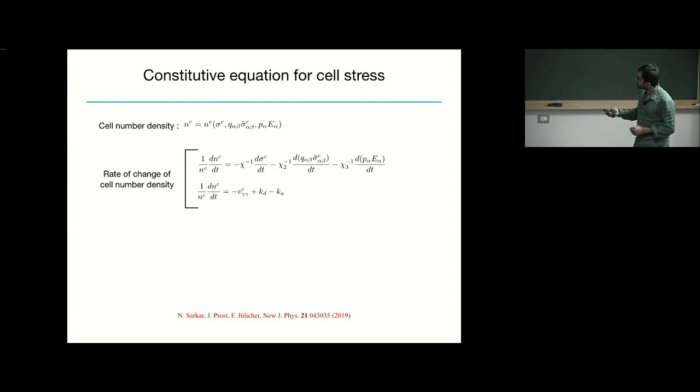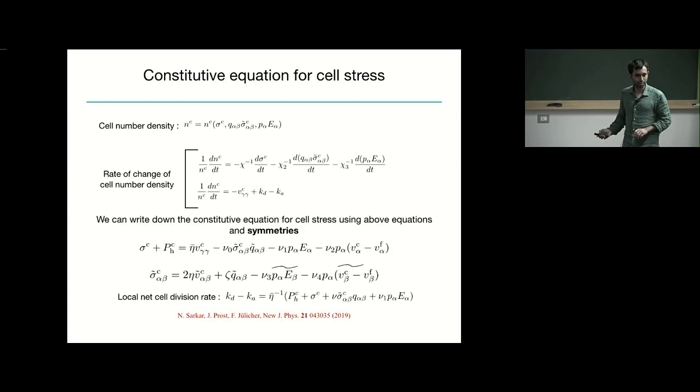I'll show that if you take these two equations, they are kind of the same equations. So if you equate them, what you will get is a constitutive equation for the isotropic cell stress, and that will be a Maxwell constitutive equation. If you take the viscous part, it boils down to the constitutive equation for isotropic cell stress which we use in our model.